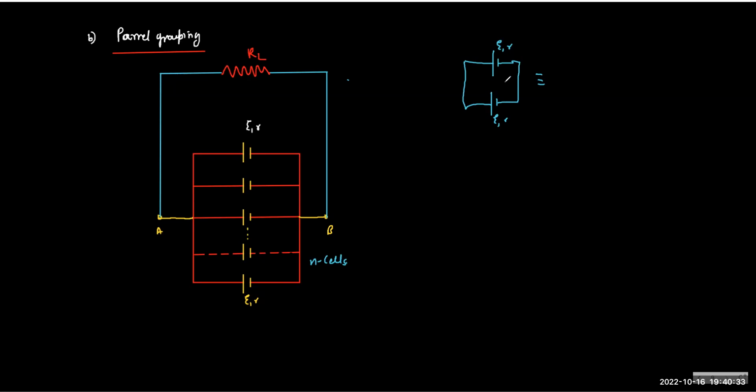And if there is no current, then the terminal potential will be the same as the EMF. If there is no current, it means R will do nothing, it's ineffective here. So what is the equivalent EMF? What is the E equivalent? You can use Millman's theorem and you will get the answer.